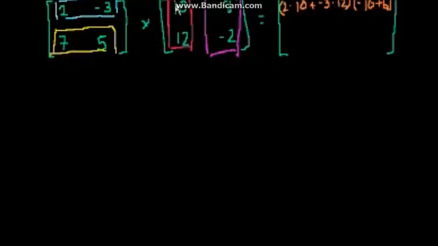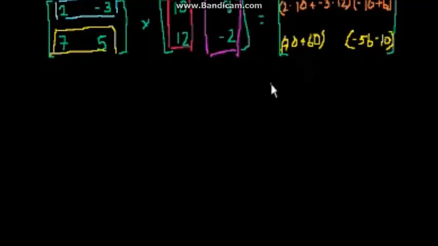So it's going to be 7 times 10, so 70, plus 5 times 12, which is 60. And then the bottom right term is going to be 7 times minus 8, which is what? Minus 56. Plus 5 times minus 2. So that's minus 10.